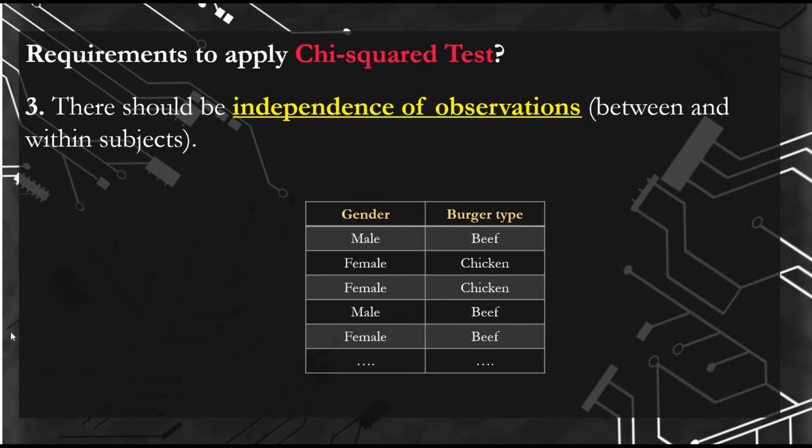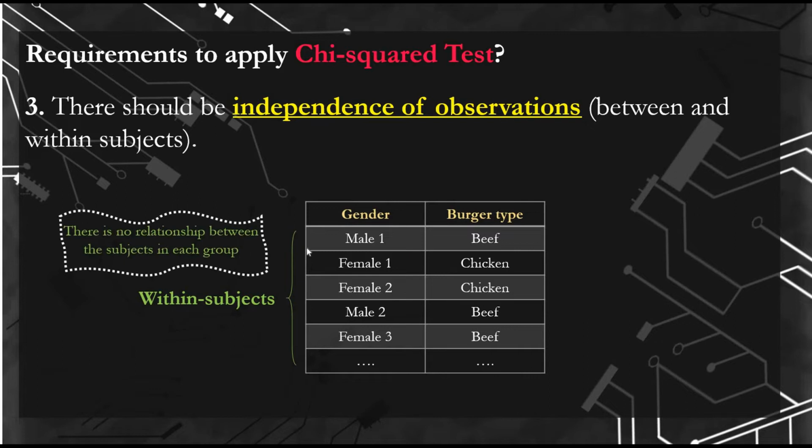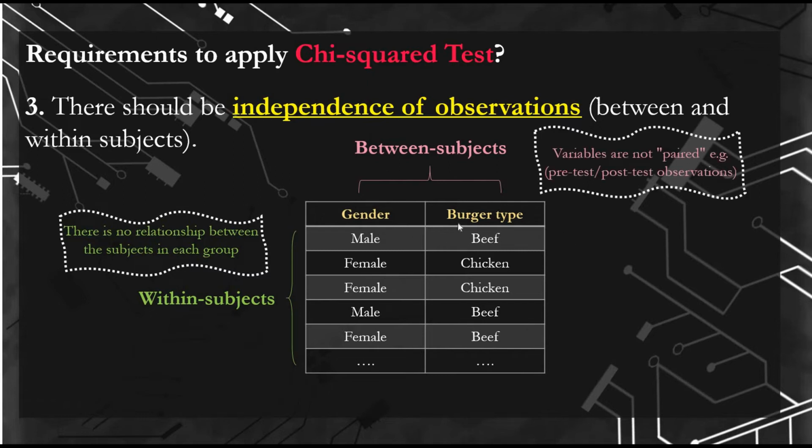The third requirement, there should be independence of observation. What does independence of observation mean? It means that within the subject, there should be no relation between the subjects in each group. For example, you cannot count a person twice, and selection should be random. Between the subject means that the variables should not be paired, for example, pre and post test observation.